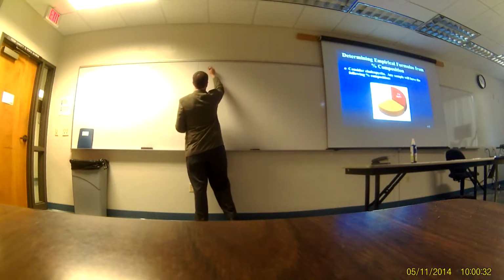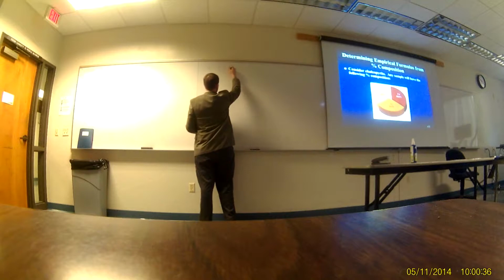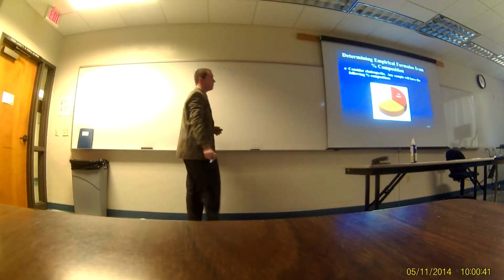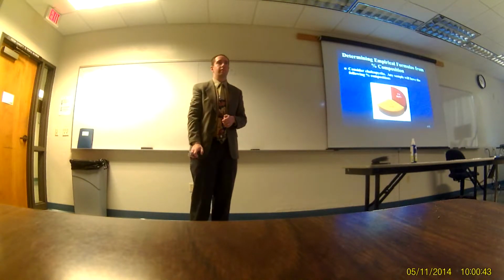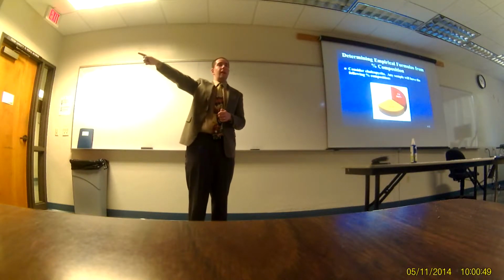The sulfur. I have 34.9 grams. How am I going to convert that to moles? Divided by the atomic mass. I'm just going to divide it by the molar mass.